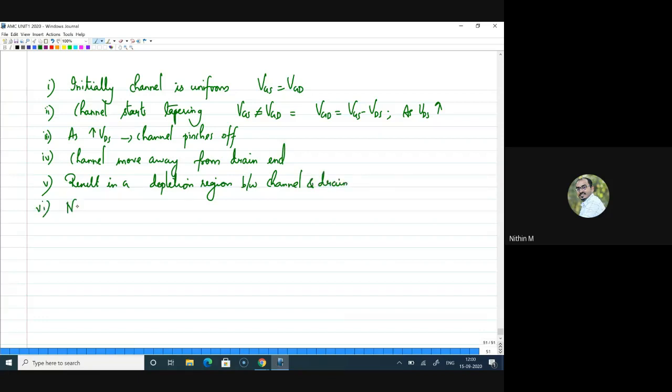But now the increased VDS voltage is dropped in this depletion region, which leads to a high electric field.